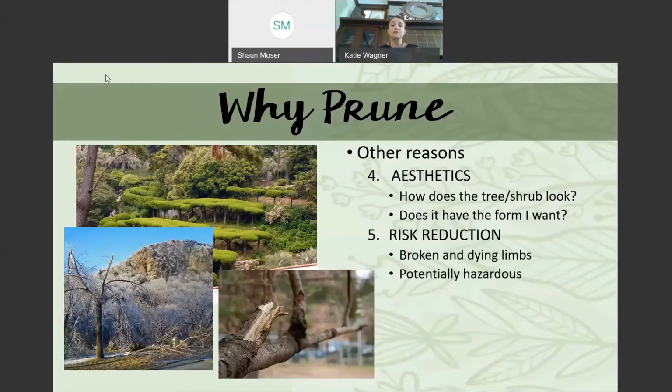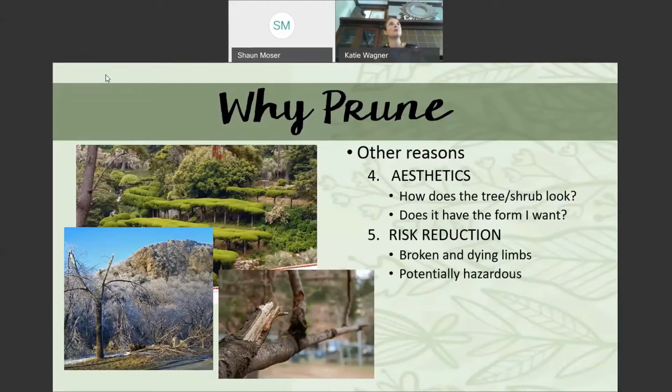Risk reduction. So of course, any broken or dying limbs can fall. We certainly know that. We had a mammoth windstorm this past year. And I actually thought it was really interesting driving around Salt Lake City, Salt Lake County, and looking at what trees failed, what trees fell over, and then also ones that had a lot of broken limb damage and things like that.